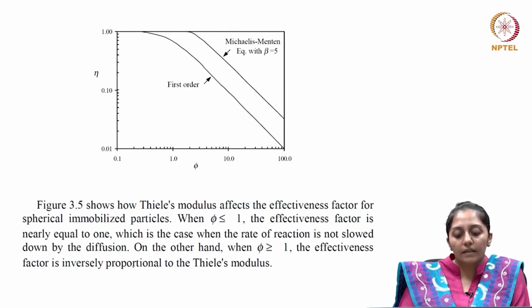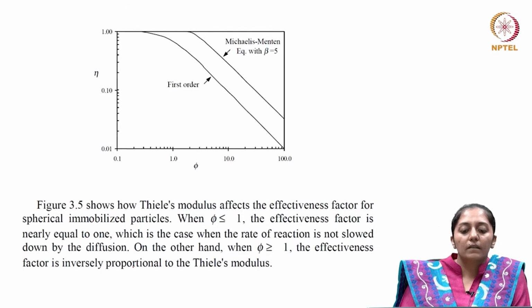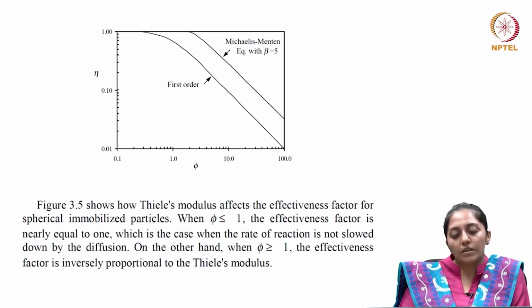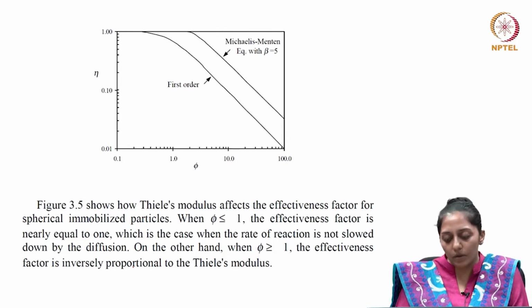On the other hand, if the Thiele modulus becomes greater than 1, then the effectiveness factor is found to be inversely related to the Thiele modulus. So, as the Thiele modulus keeps increasing, the efficiency factor is going to go down.